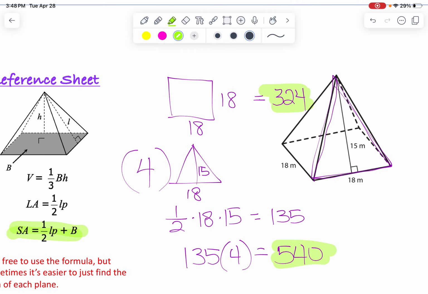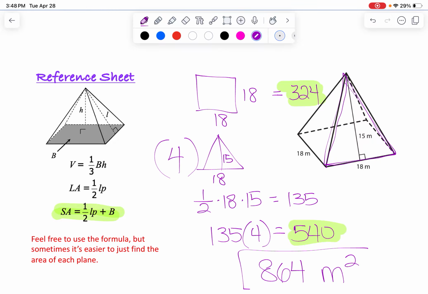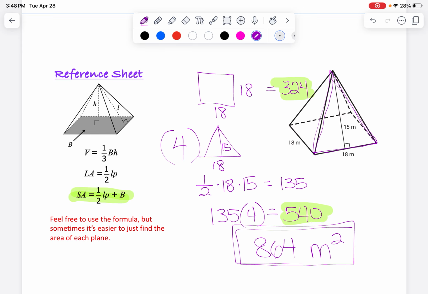The 540 represents all the triangles around the pyramid, and the base would be 324. If I add those two together, I get a total of 864, and this is square meters because we're doing area. So that's my answer for that one, and that's how you find the surface area of a pyramid.